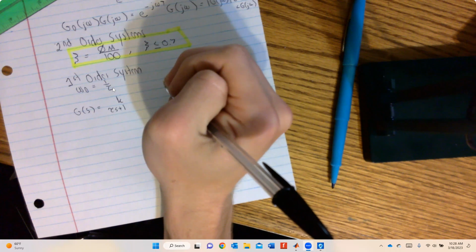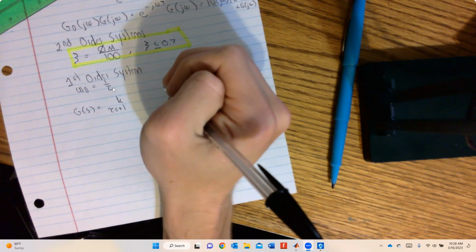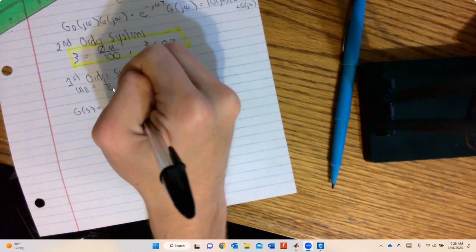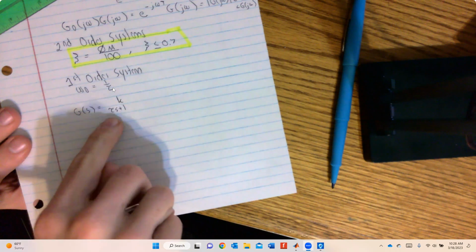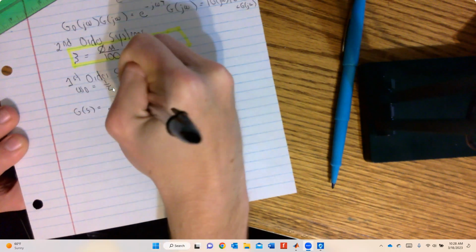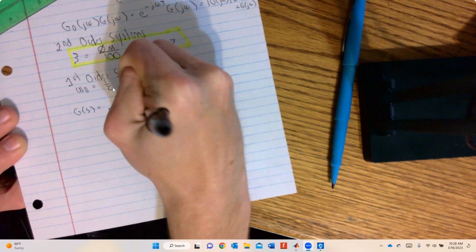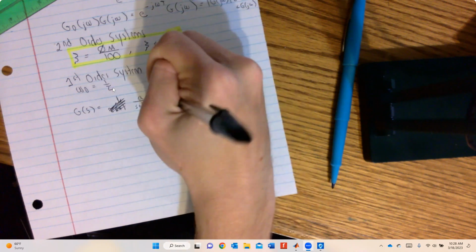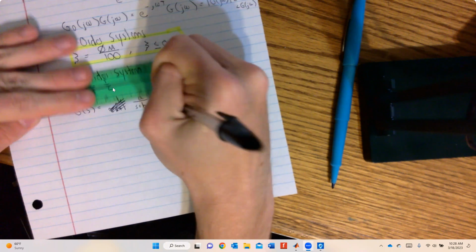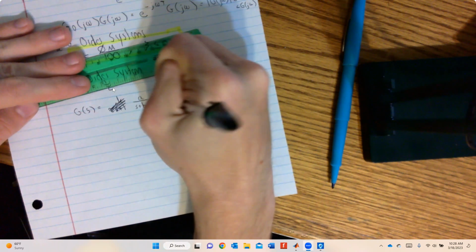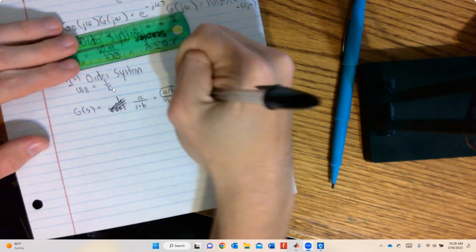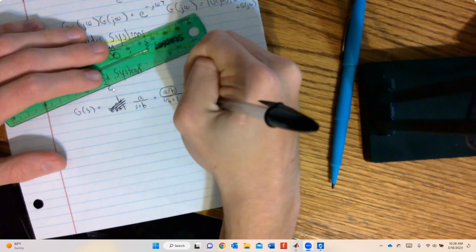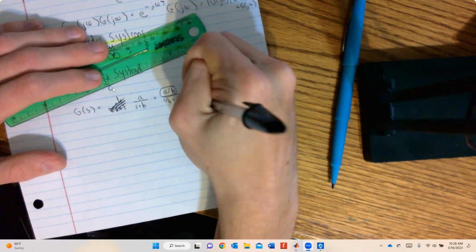If you remember first order systems, it's like a over s plus b, and if you divide everything through by b, you get a over b divided by s over b plus 1. Then we say this is your K value, and 1 over b is your tau value. So you say tau s plus 1, and that's why we say 1 over tau.